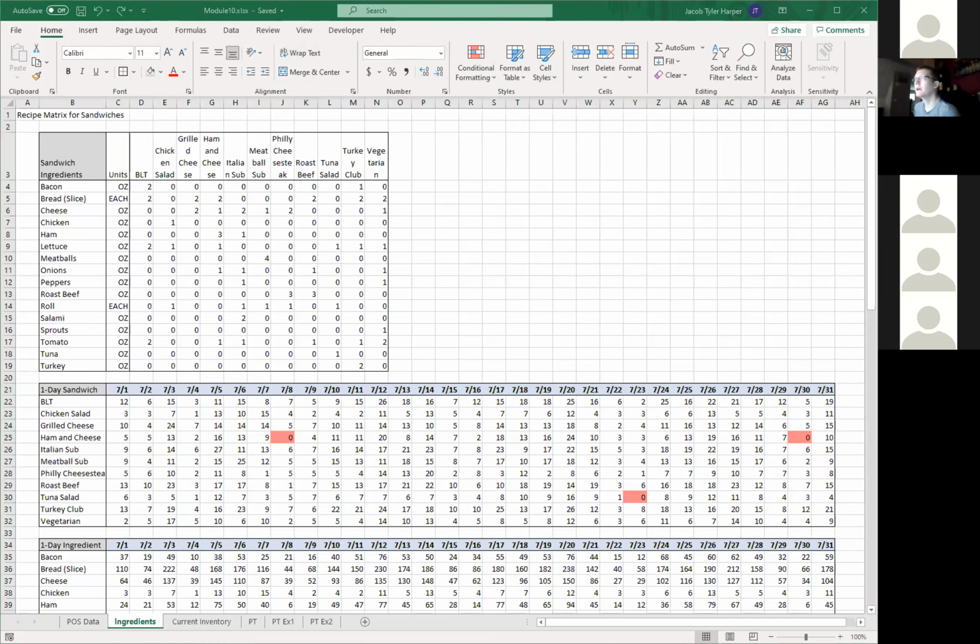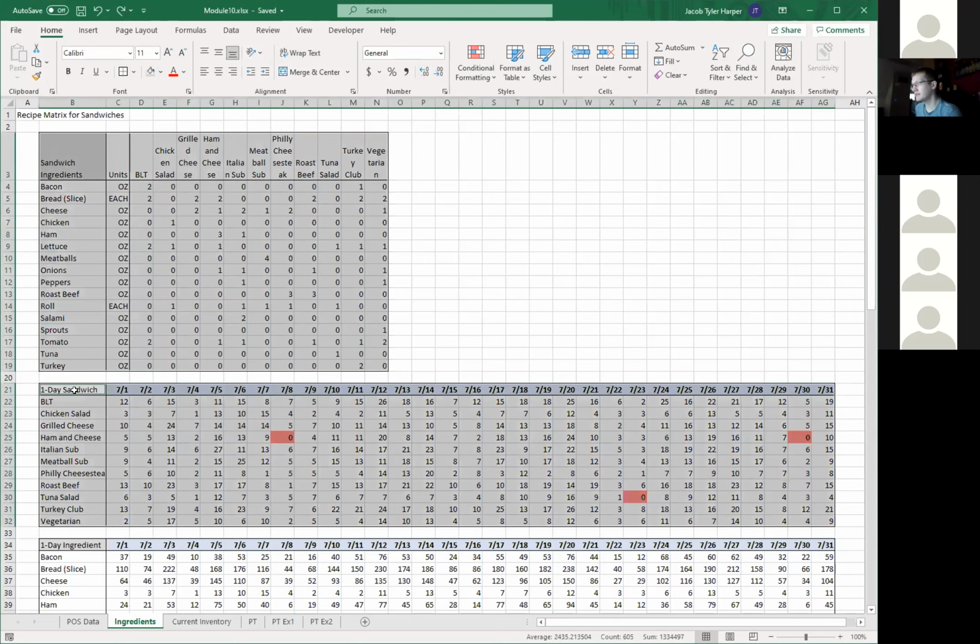Then in the second question of part 3, we were wanting to combine this table that was already here on our ingredients tab with this second table that we created potentially from a pivot table in order to figure out how many ingredients were used on any given day.